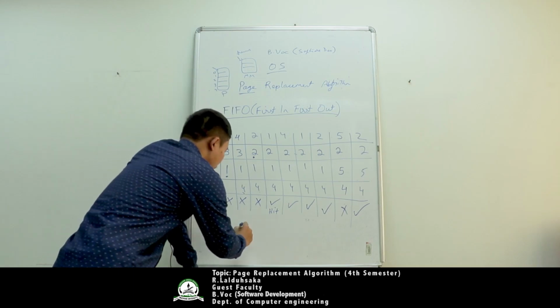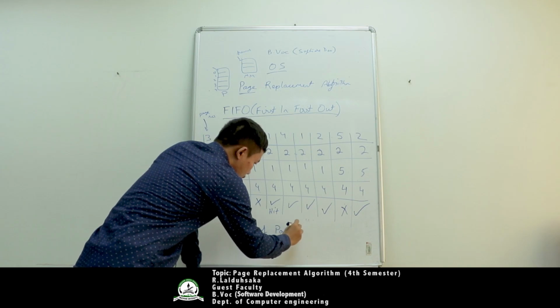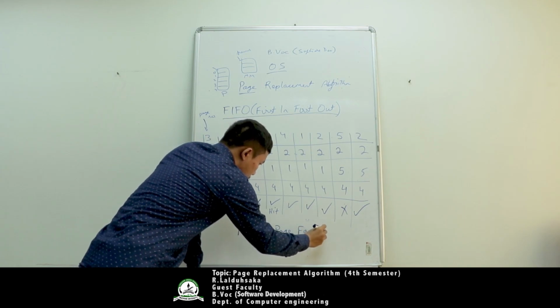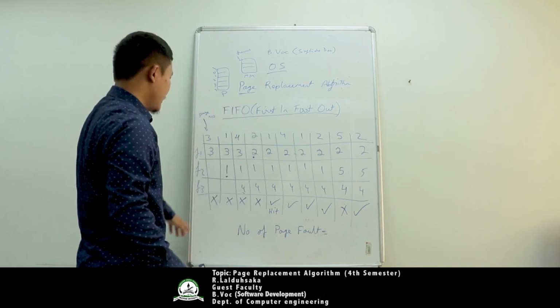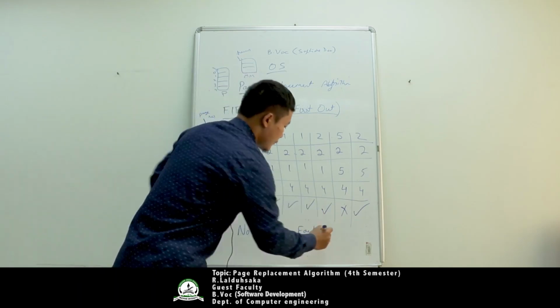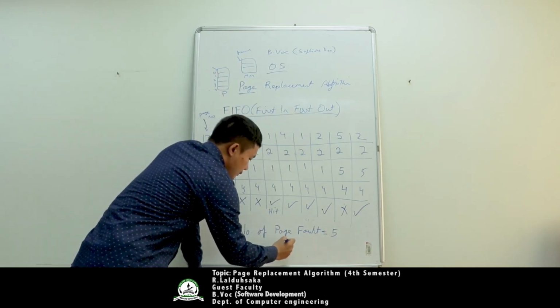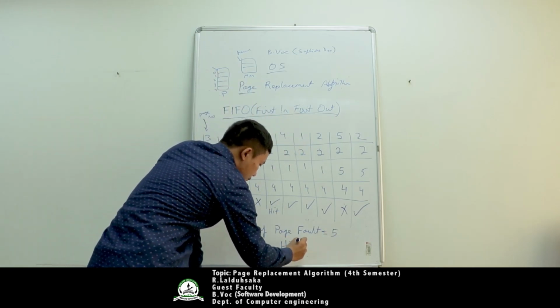So the number of page faults is equal to 1, 2, 3, 4, 5. And then there is a term called hit ratio.